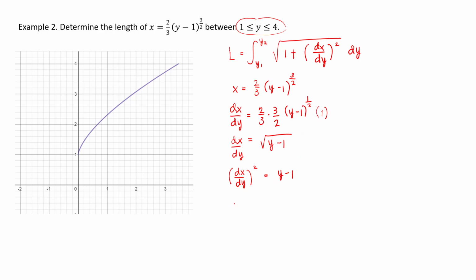So if you're going to plug in the values in the formula, this one is from 1 to 4, then you're going to have the integral of the square root of 1 plus y minus 1 dy. So again, try to use your calculator, so you can cancel out the ones. So you're going to have the square root of y dy. Then you're going to get the arc length.